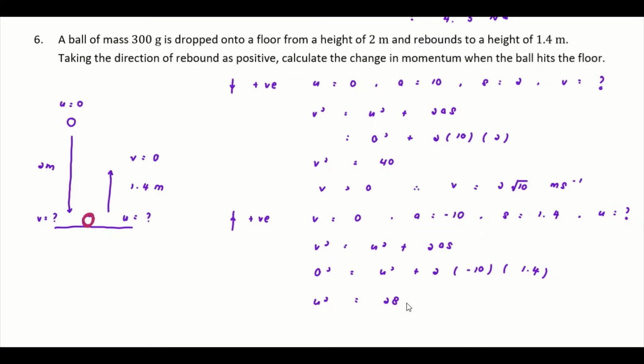Is that all right? Yeah, that's the idea. Then we know that it's in a positive direction as well, since the initial velocity here is already moving in this direction, so u must be a positive answer also. So u equals square root of 28, which is 2 square root 7. Okay, so that's what we have.